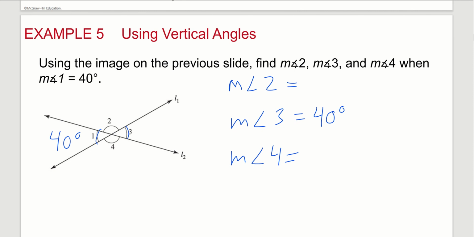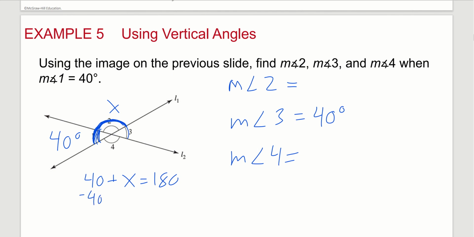In order to find either angle 2 or 4, notice that both of those are going to be supplementary with angle 1. If I take angle 1 and I add to it angle 2, that's going to give us a straight angle, which would be 180 degrees. So I can say that 40 plus, let me just call angle 2 x for right now, 40 plus x is going to be equal to 180.